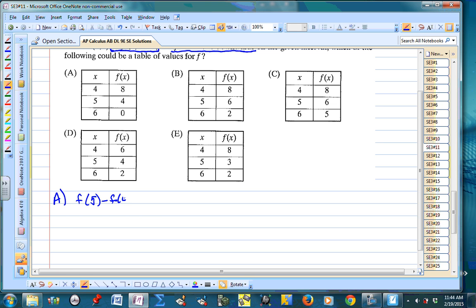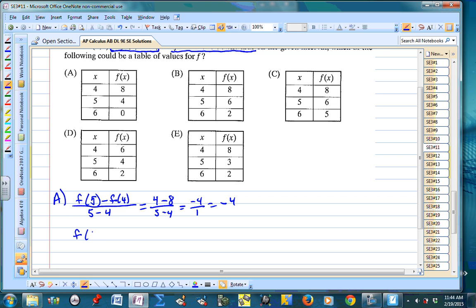So f of 5 minus f of 4 all over 5 minus 4. So you see we're going to get 4 minus 8 over 5 minus 4. It's negative 4 over 1, or negative 4. Okay. Now let's find the average rate of change from 5 to 6.